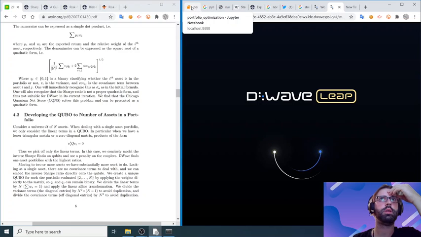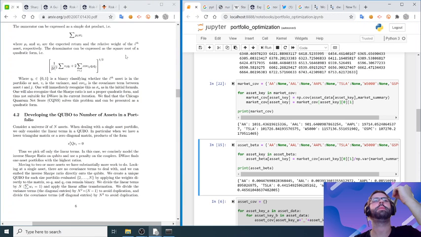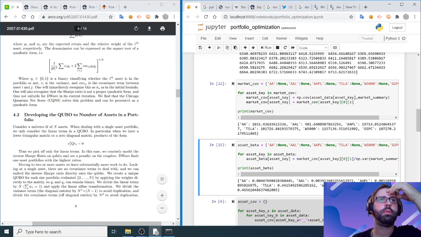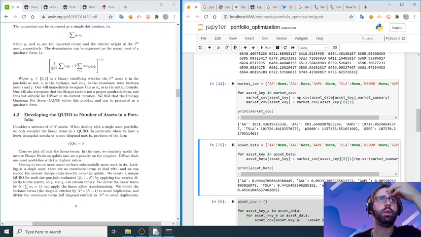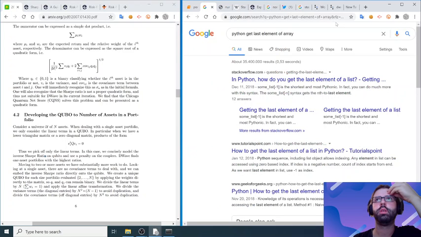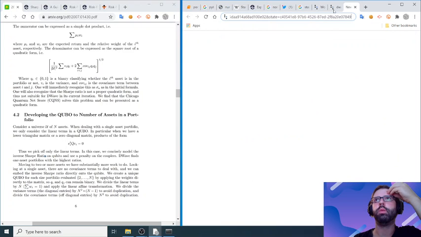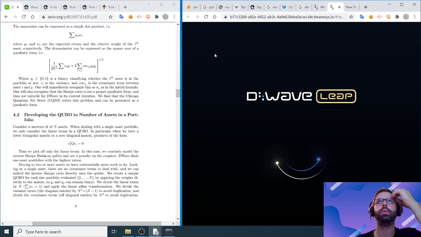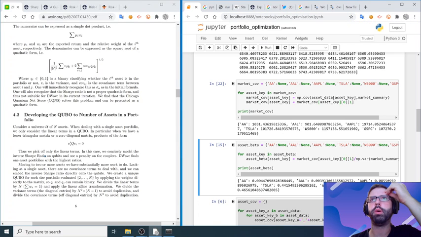The point is to have... what is the point actually? So, still loading. What I want to have is, I have the market covariances, so I have this here.